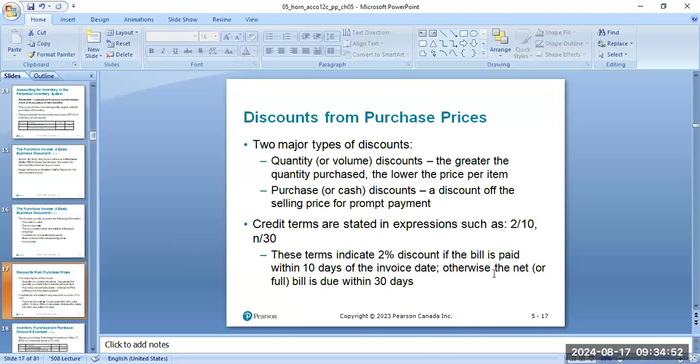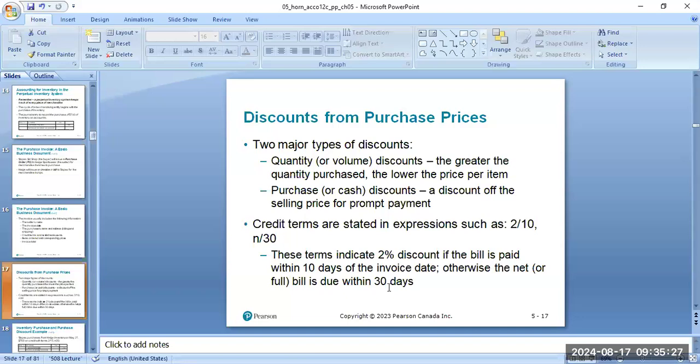If you pay within 10 days of the invoice date, you can enjoy a 2% discount. Otherwise, you have to pay within 30 days the amount that stays on the invoice. It's a bad example, but you can see this if you get a speeding ticket or a parking ticket.